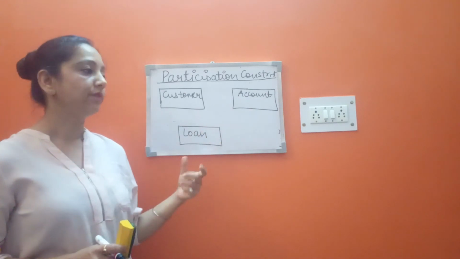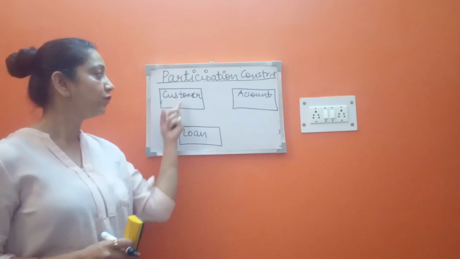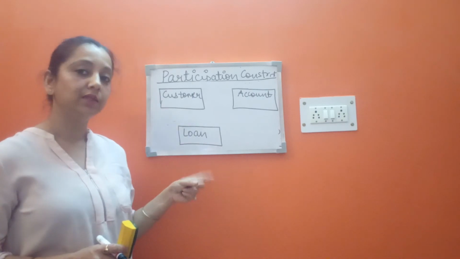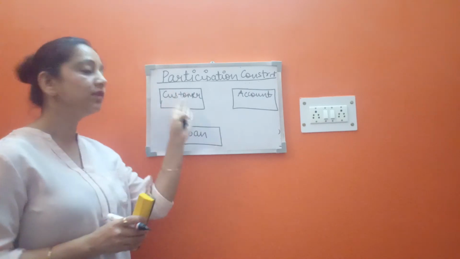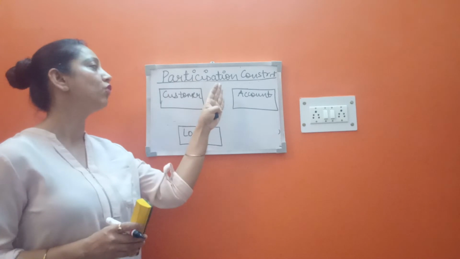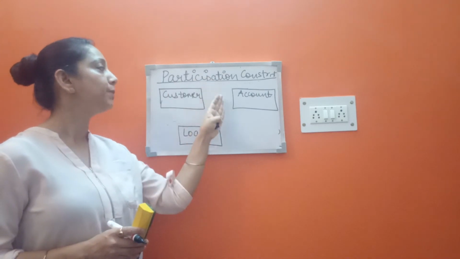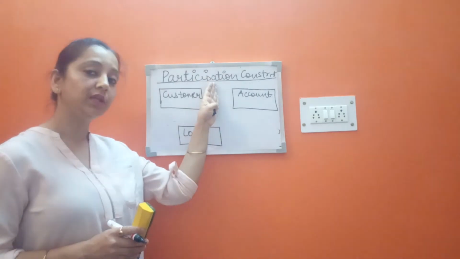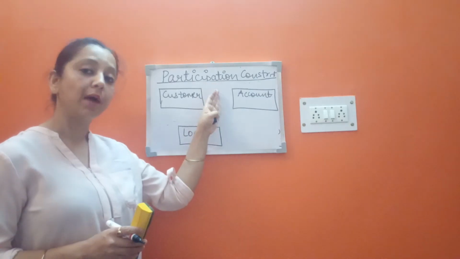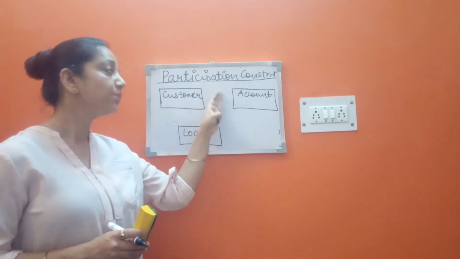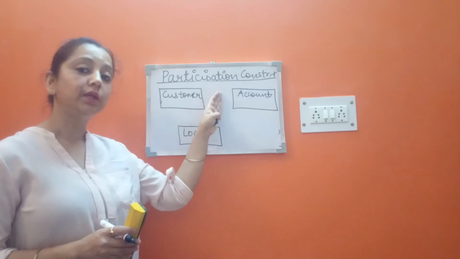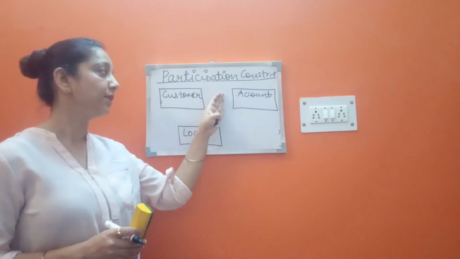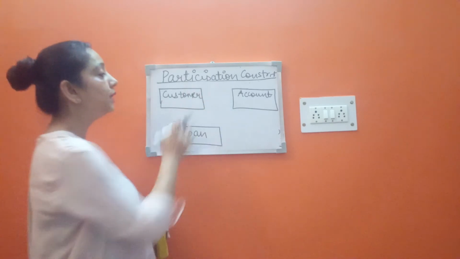Loan will also have the date on which the loan is taken, and from which account number it is linked. We will not go into the details because here we want to know basically how we depict total participation in an ER model, how we depict partial participation in an ER model, and what actually is total and partial participation. So to begin with, customer.